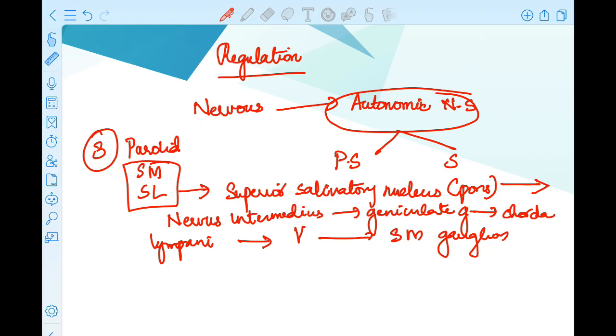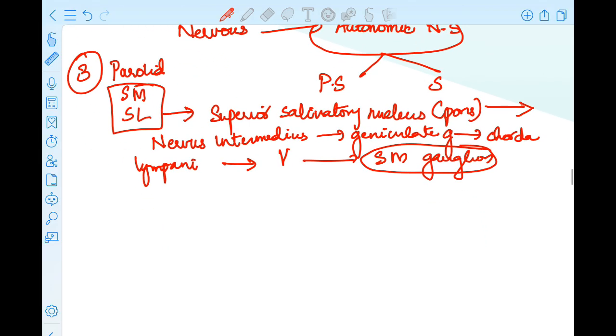The fibers that come out from the submandibular ganglion are known as the postganglionic fibers. The postganglionic fibers will supply the submandibular and the sublingual salivary glands. So this is the regulation of salivary secretion for the submandibular and sublingual salivary glands.